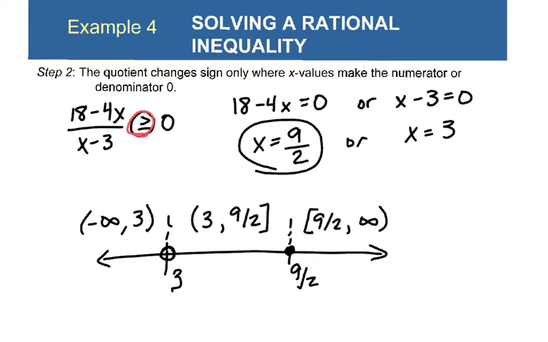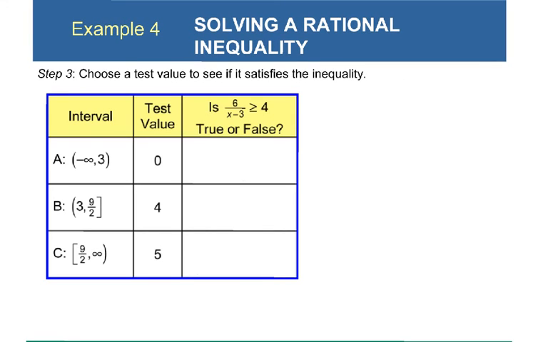And then the next step, I'm going to show you a table, and that's exactly how we're going to do it, just like we did in the quadratic inequalities. Which of these intervals is true based on some test values. So let's test these values. Let's plug in 0 for our first interval.